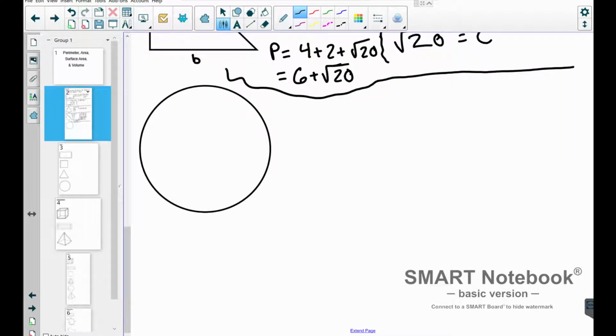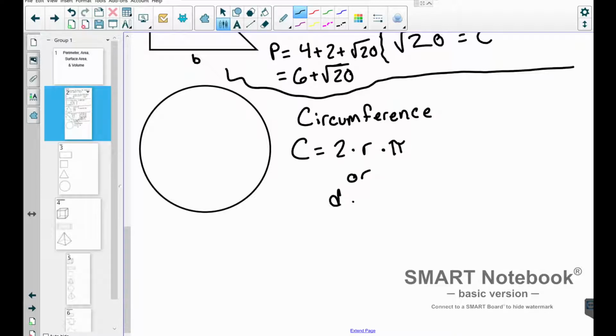Lastly, we move on to the perimeter of a circle. Now let's think about the circles unit we just finished. We didn't say anything about perimeter, but we have to think about what perimeter means. We just said perimeter is the outside of the shape, that line that really just creates the shape. Well, for a circle, instead of calling it perimeter, we call it circumference, which, if you remember correctly, is equal to 2 times the radius times pi, or the diameter times pi.